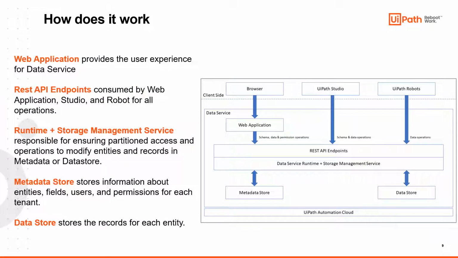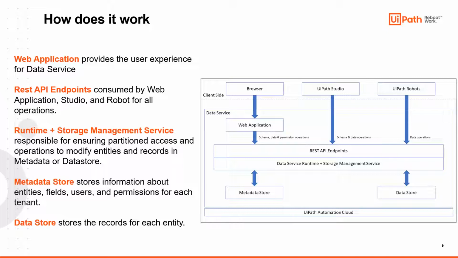So this is, I would say, a very basic structure of how the UiPath data service works, right? So a web application provides the user experience for the data service. So you'll have a web application which is providing you the UI, and then there are REST API endpoints, which are consumed by the web application, Studio and robot for all the operations, right?